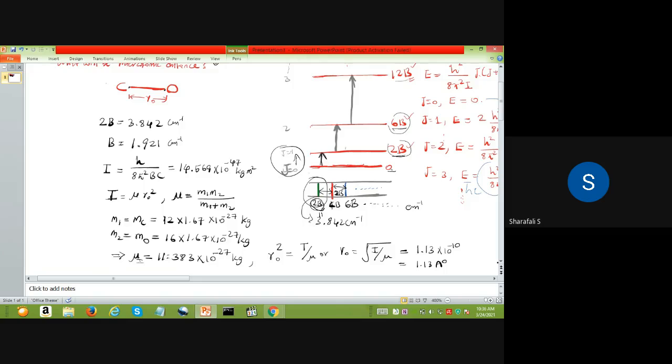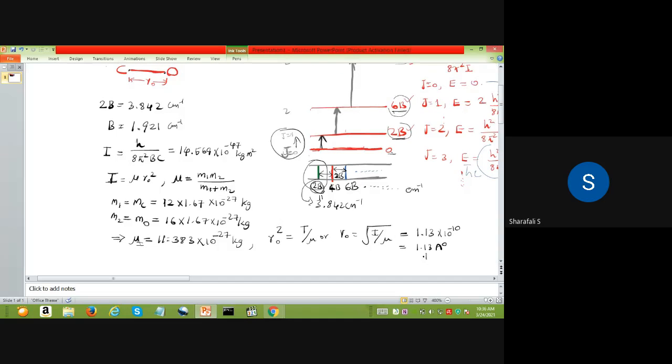So this is the bond length. You can call this the bond length of the carbon monoxide molecule.